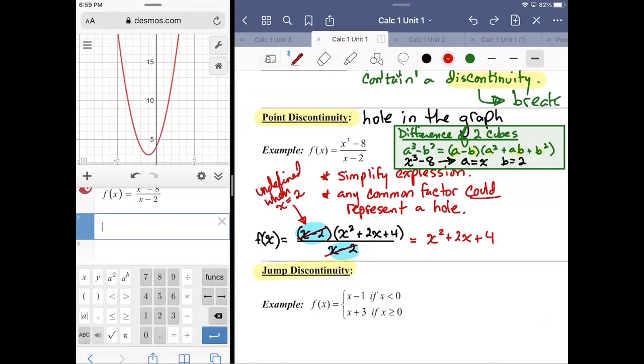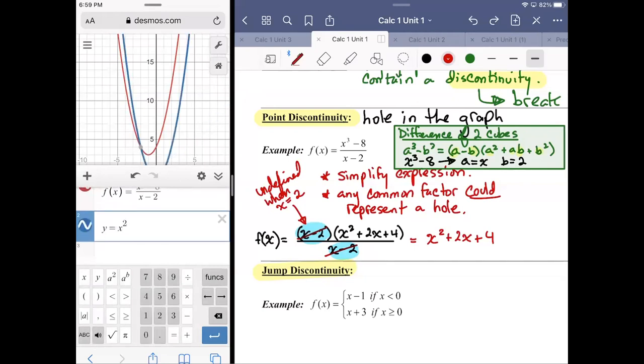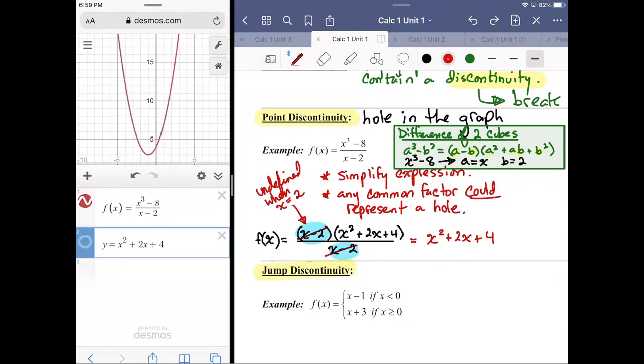So if I were to type in just a simple y equals x squared plus 2x plus 4, you see that I'm looking at the same graph, a parabola.